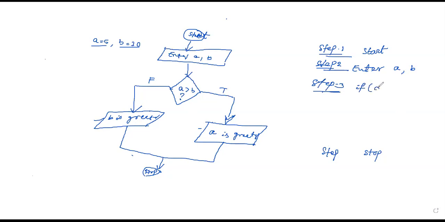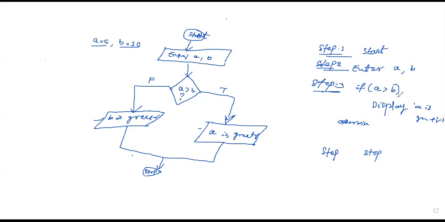If A is greater than B, then display A is better. Otherwise, you can write directly otherwise, or you can put else. So in case of algorithm, you put if and otherwise.